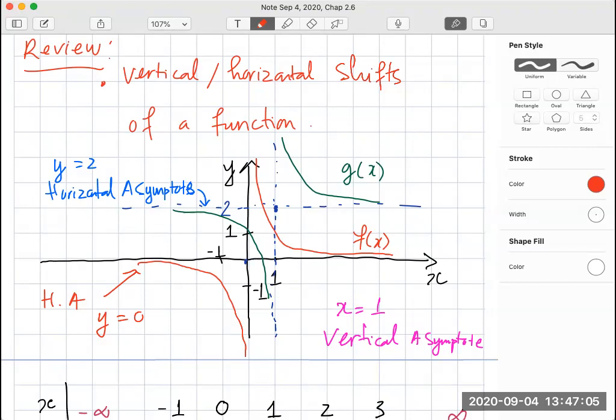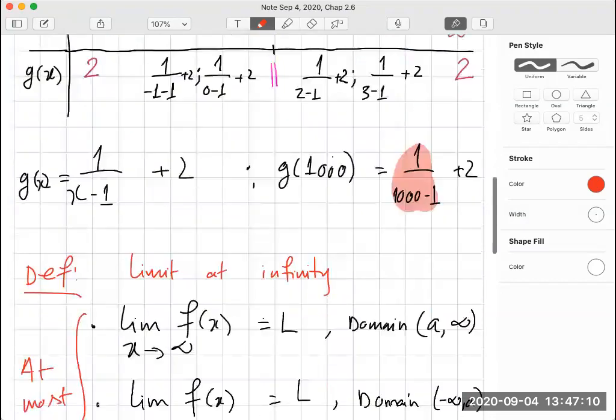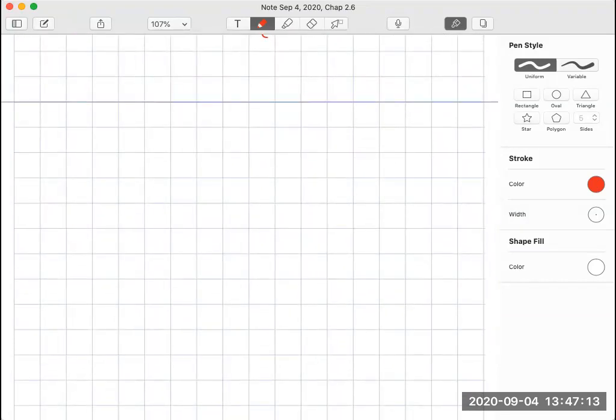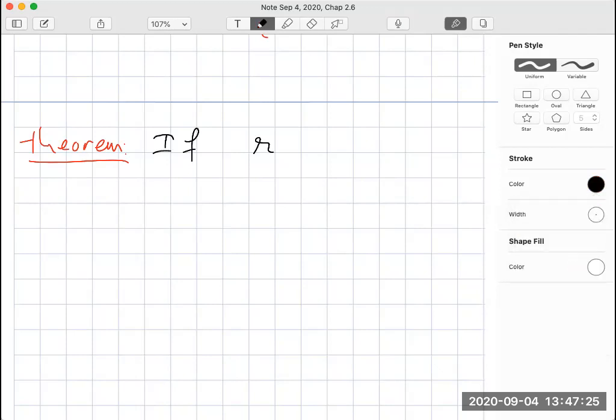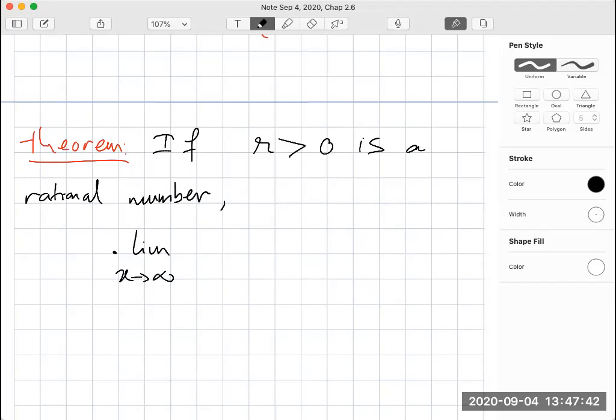Good, very good. And now, let us come to the theorem. If r is a positive rational number, we have that the limit when x goes to infinity of 1 over x to the r should be 0.